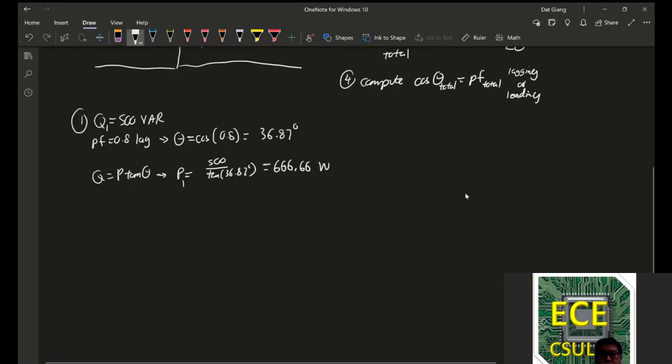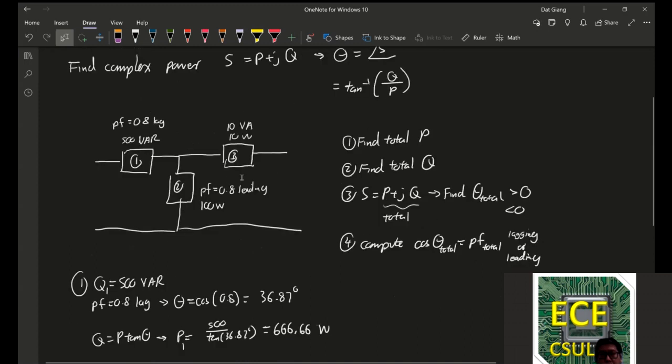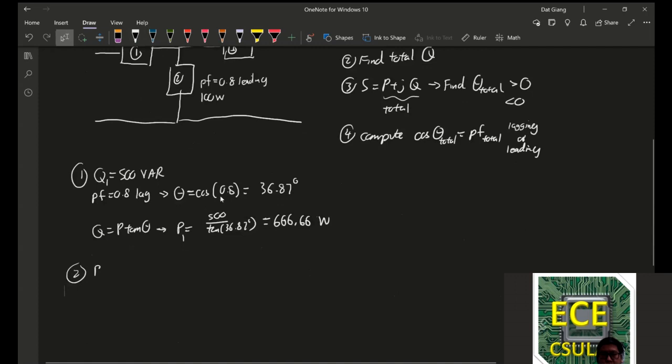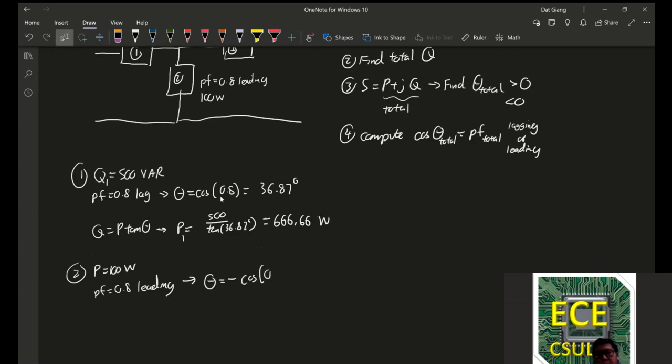Now let's take a look at the second quantity. So we have 0.8 power factor leading and 100 watts. So power is already 100 watts. That's given. PF is equal to 0.8 leading. Based on this situation, theta is actually going to be negative 36.87 degrees.